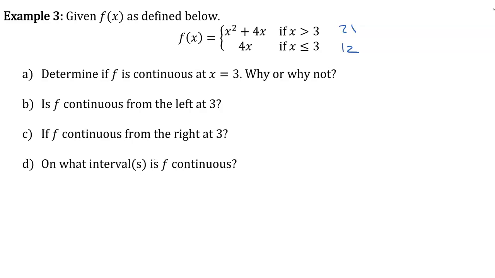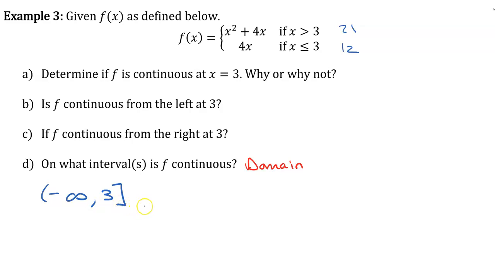They are talking about the domain here and the domain only. So you can write this in interval notation or set notation, but interval notation is more common. So the interval of continuity would be from negative infinity all the way to 3, and then it is continuous on 3, right?